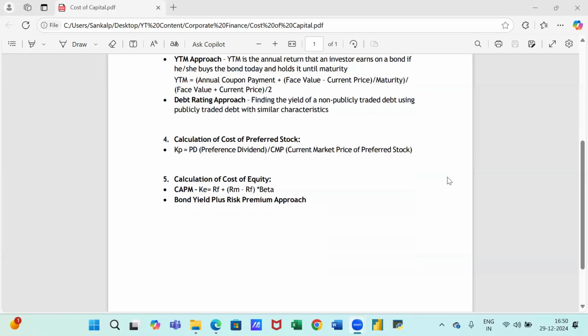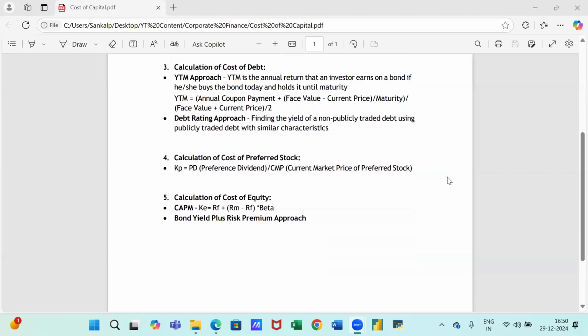Next is the debt rating approach. So at times we have to calculate the YTM of a debt security which is not publicly traded. So what we'll do is we'll use publicly traded debt securities with similar characteristics. For example, let's say I want to find out the yield or cost of debt of a debt security which is AAA rated and is a 10-year corporate bond.